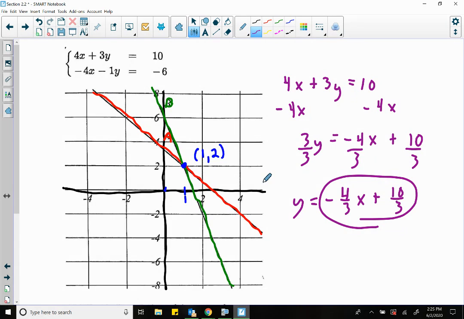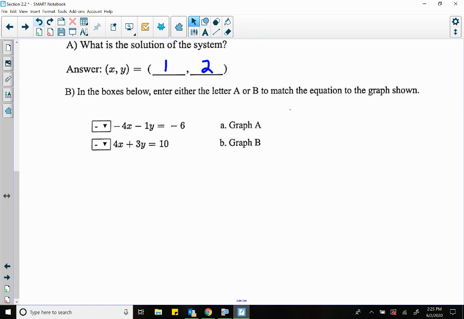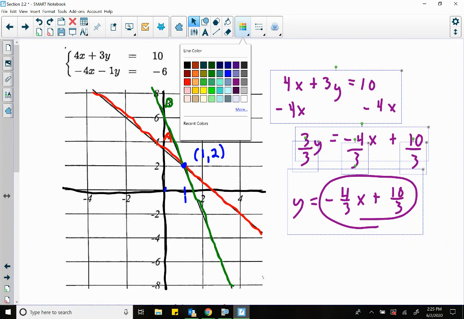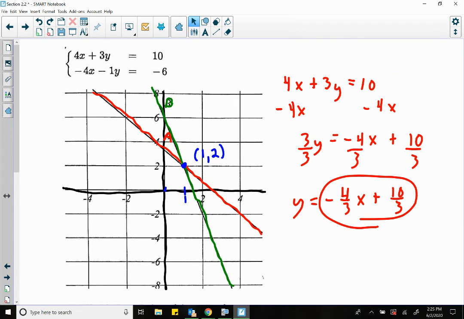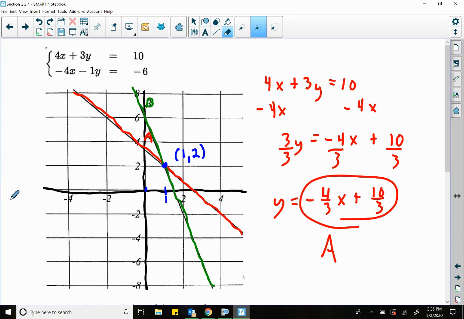So that means this equation right here is technically, didn't mean to move that. All this information right here pertains to the red line. So I'm going to make it red, which means that this guy is A. So we come down here, and now we can answer the question because you've got everything that you need.